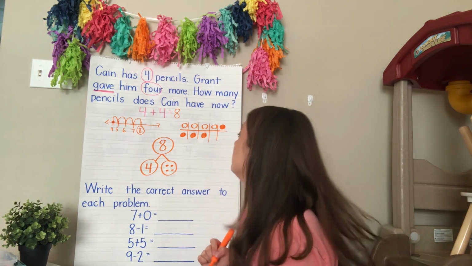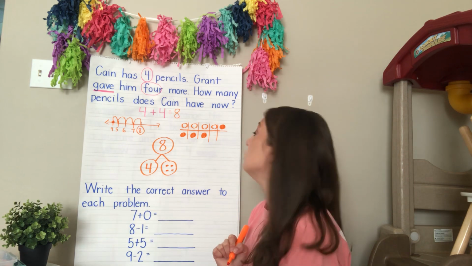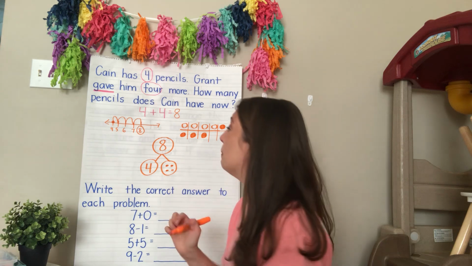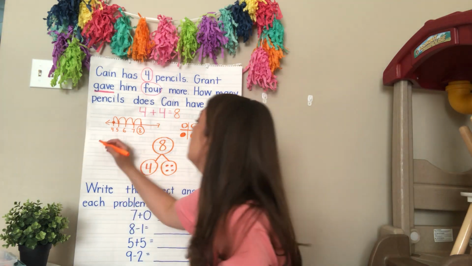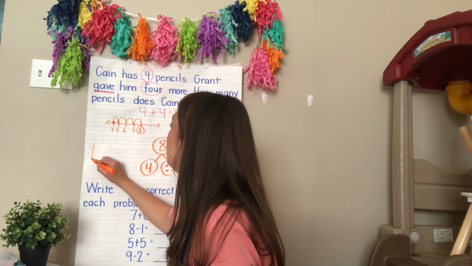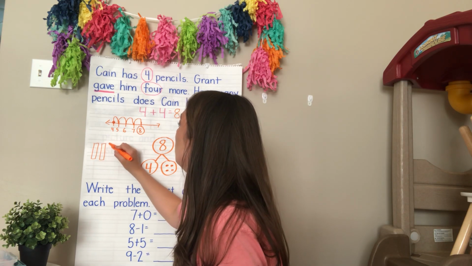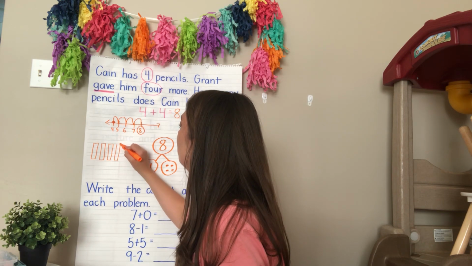Okay, you could also solve this by drawing a picture of whatever you want to. If you wanted to use pencils, that's fine. But I always show the 2 parts by doing 1 part open and 1 part closed. So for the first part, since this is pencils, I'm going to draw rectangles. So here's 4 open rectangles.